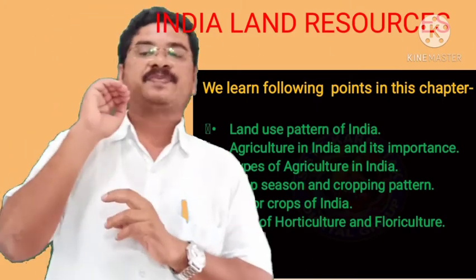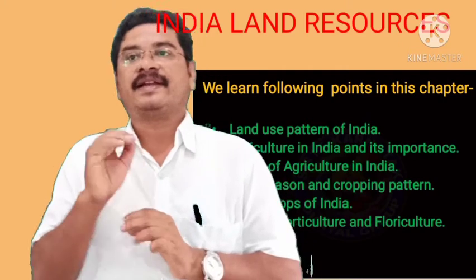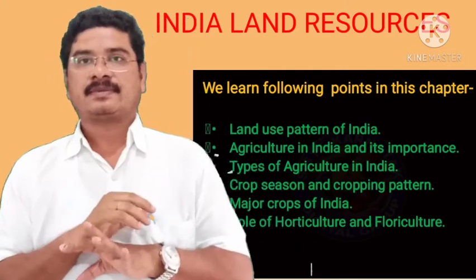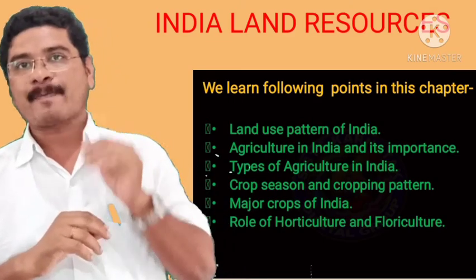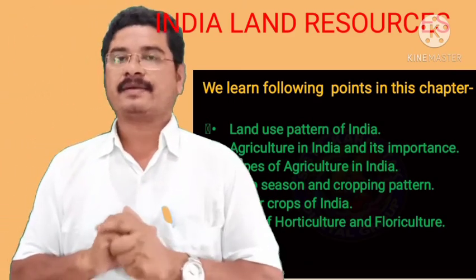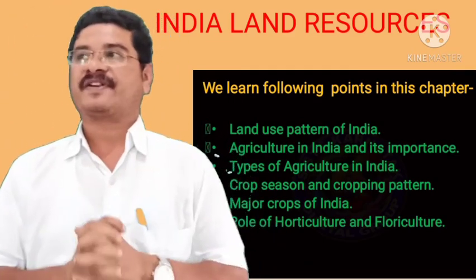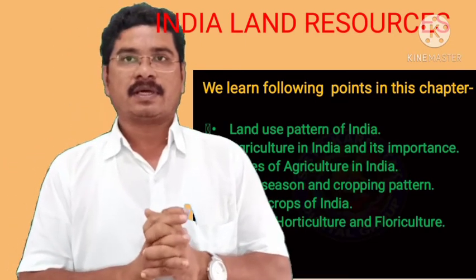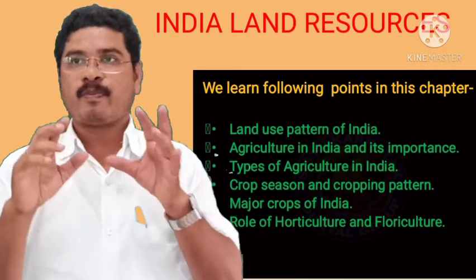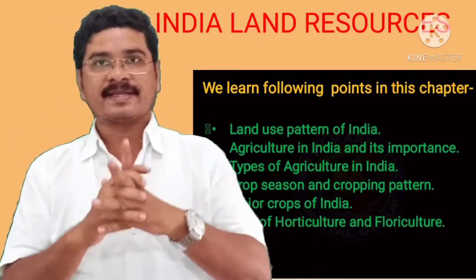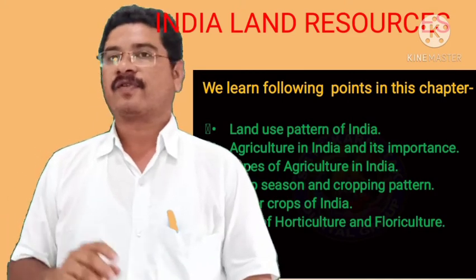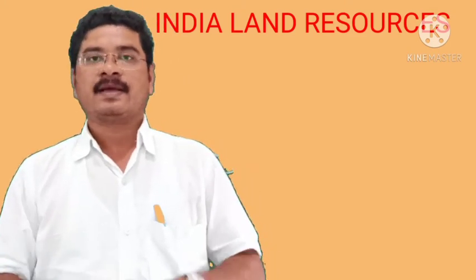Then types of agriculture in India. Then crop season and cropping pattern. Then major crops of India. Another important point regarding this chapter is the role of horticulture and floriculture.